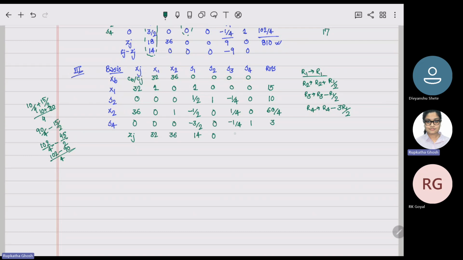Here it would be 36 into 1 by 4, 9. And again 0. And here you will be getting 32 into 15. So that is 450 plus 30, 480 plus 36 into 60 by 4.